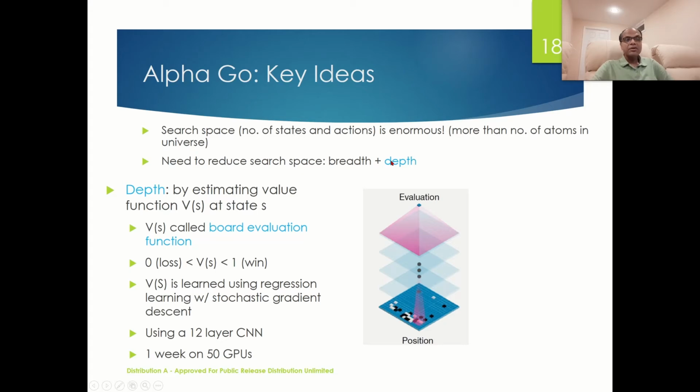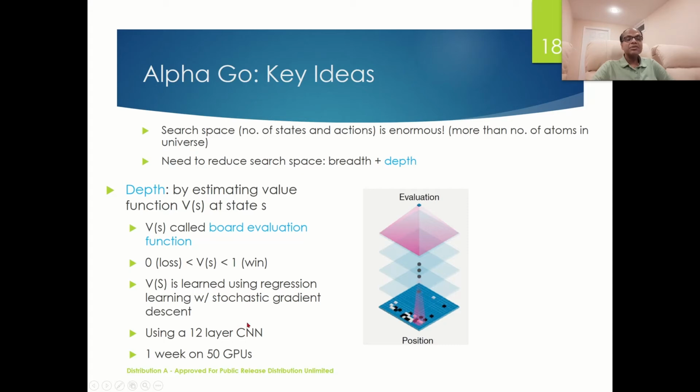Okay. So the depth reduction is done by estimating the value of the state s using a value function, also called a board evaluation function. This v of s is a real number which lies in the range of 0 and 1. 0 corresponds to a loss and 1 corresponds to a win. v of s is learned using regression learning with stochastic gradient descent.